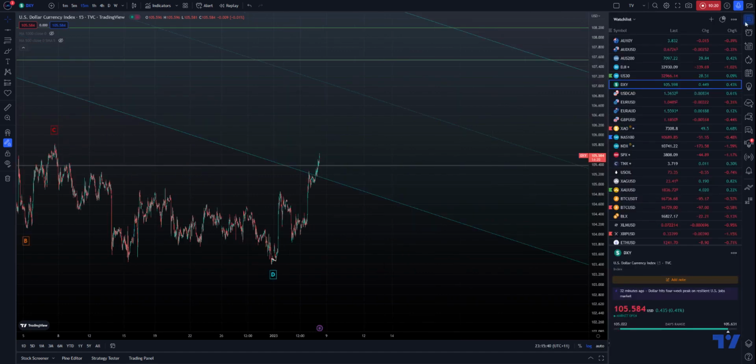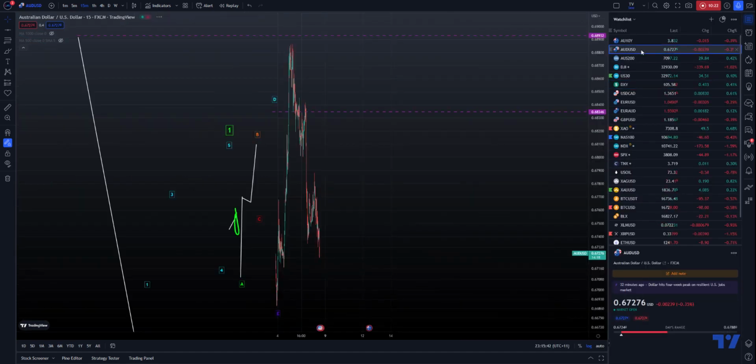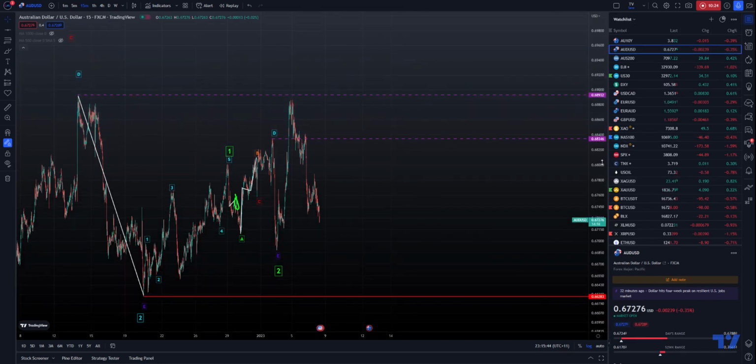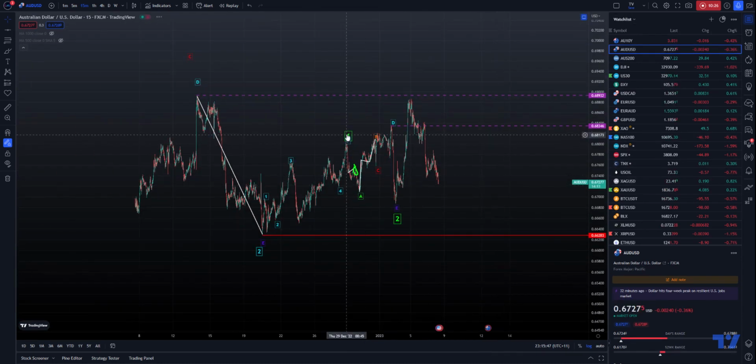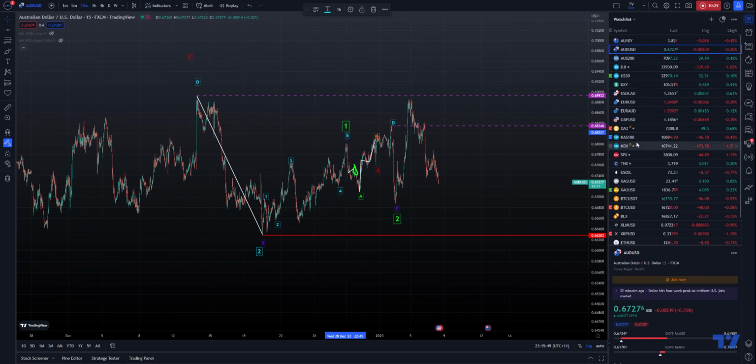I don't think it's going to interfere with the Aussie dollar much, even though it looks like it would. If you have a quick look here at the Aussie dollar, it definitely does give you that feeling that it would.